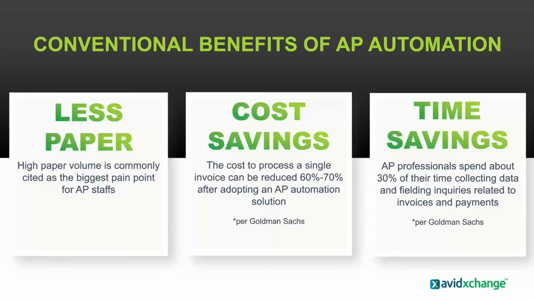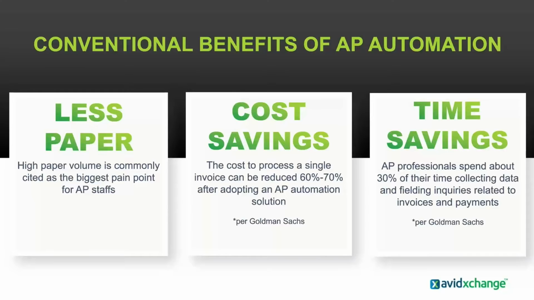Also, cost savings. The cost to process a single invoice can be reduced 60 to 70%. And also just the time savings. Per Goldman Sachs, AP professionals spend about 30% of their time collecting data and fielding inquiries related to these invoices and payments.